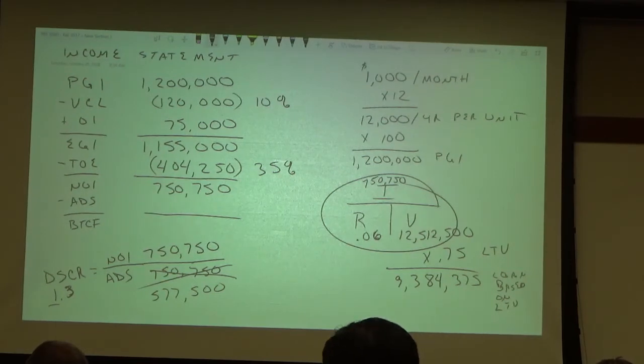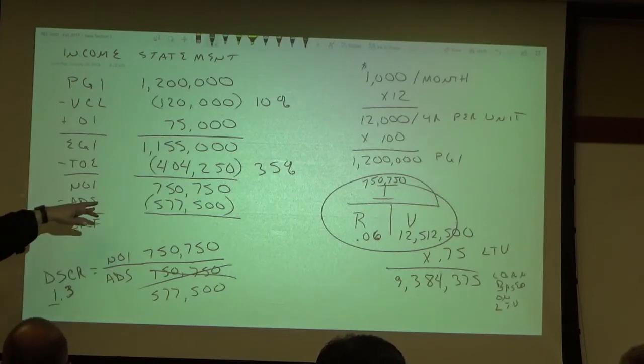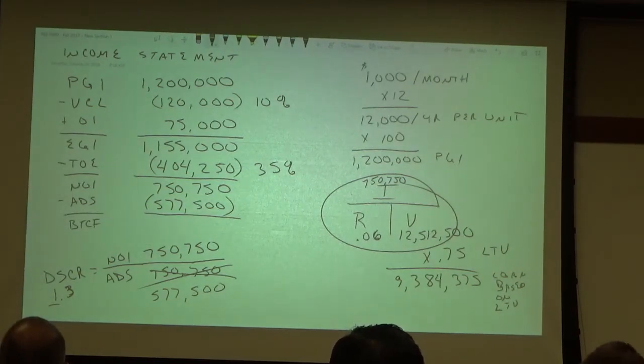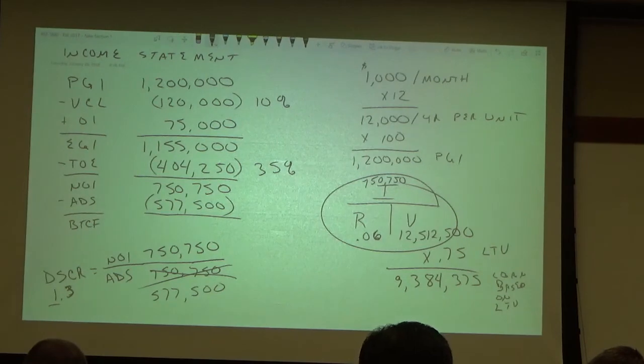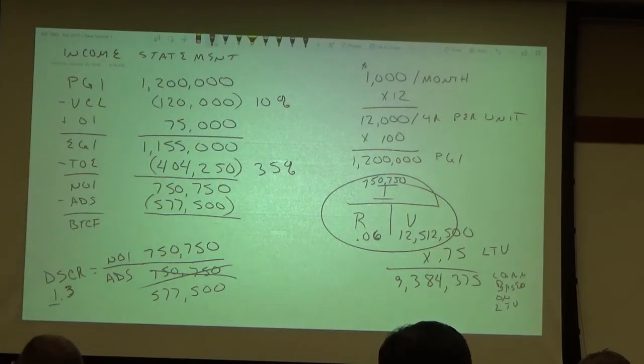So we put that number here, $577,500, and that's going to be our maximum annual debt service. Now, it's not your loan amount. This is simply what your principal and interest payments are for a year. Okay, and we're going to come back to the loan amount in just a second. All right, so let's go ahead and do the simple math to get our before tax cash flow.